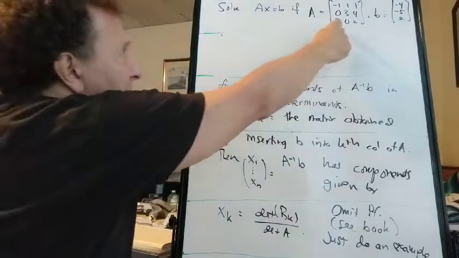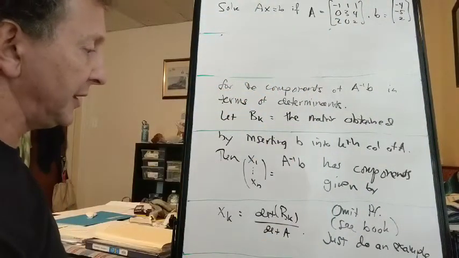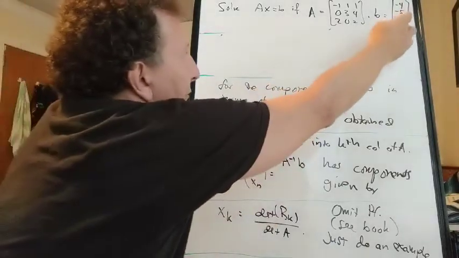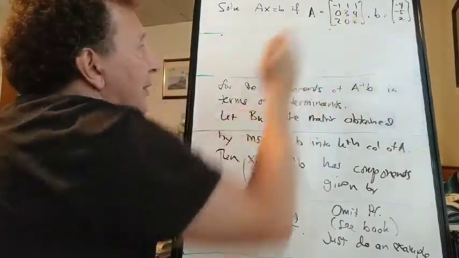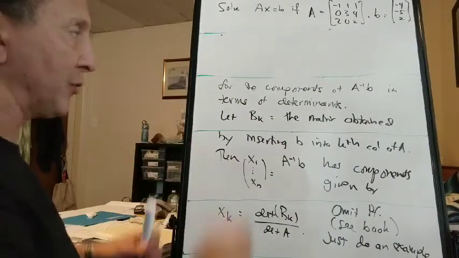So we need to take the determinant of A because that's going to go in the denominator of all our components of the solution. And then we need to put this vector B in for each of the columns one at a time and take the determinant of the matrix that we get each one of those times.